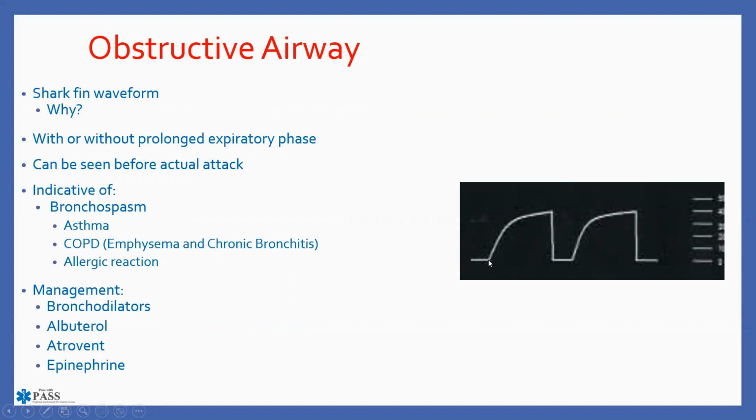Remember, when we're looking at the waveform, it is all exhalation or getting air out. If it takes longer to get air out, and then you have a sudden inhalation, it's going to end up giving you this appearance of a shark fin waveform. So you will hear that they have shark fin pattern, and that is associated with an obstructive airway. We don't know why. You're going to have to do your history and physical to figure that out, but it can actually be seen before an actual attack.